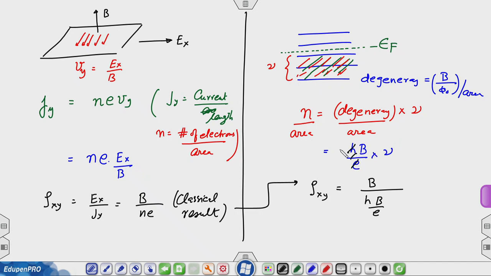So, this is going to be e over h. I made this mistake. So, this is e over h times e nu. So, I am going to cancel this B, and this comes out to be h over e squared, 1 over nu.